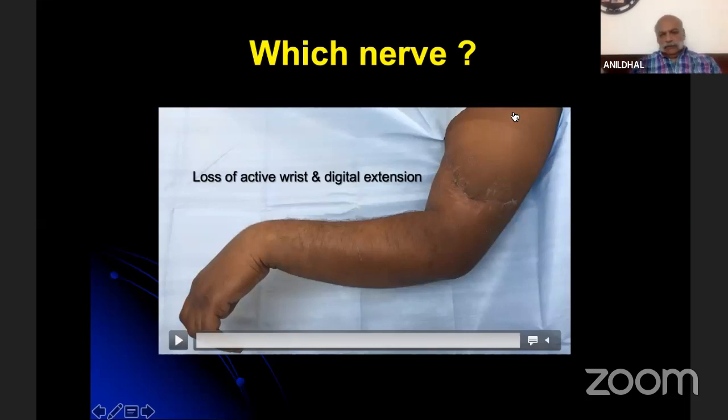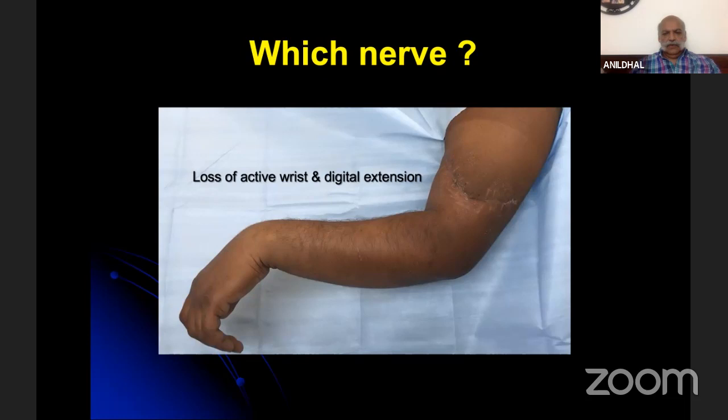The only nerve which is lying in this area is the radial nerve. The other two nerves, the median and the ulnar nerve, are no way here. They are on the medial side. So this gives you a clue that it is a radial nerve involvement.